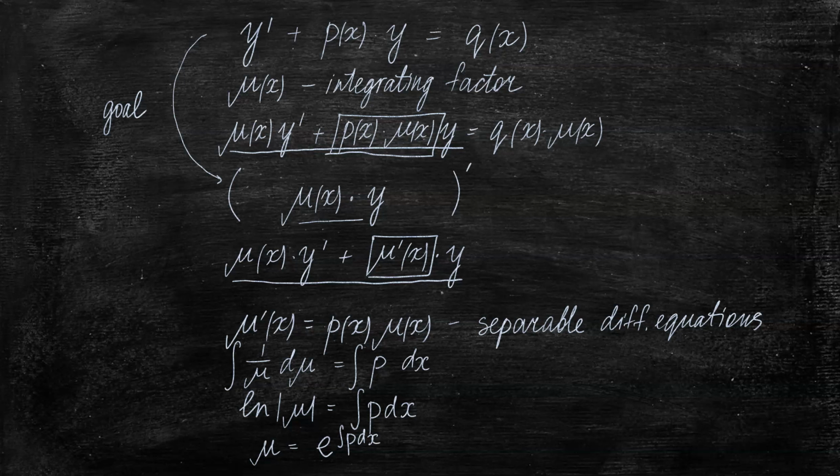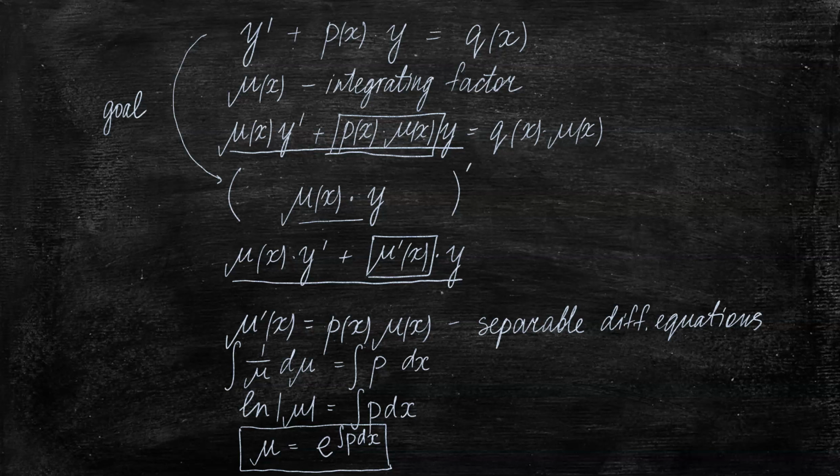And yes, we can put the absolute value here, and it will be true regardless of whether mu is positive or negative. So let's just, for simplicity, remember we're only looking for one such mu, so let's just drop the absolute value here, and as a result we have what appears to be a formula for determining the integrating factor.